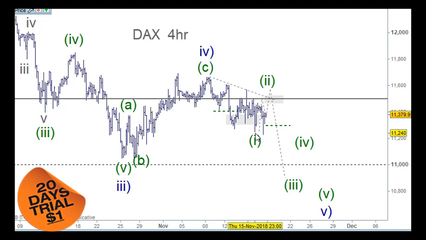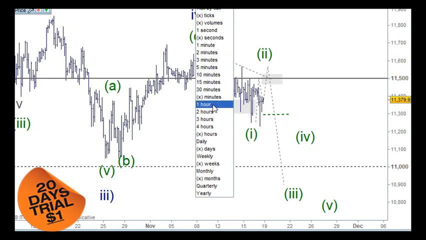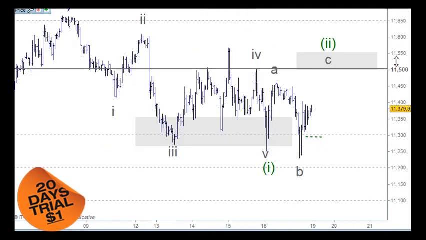So I think that we're on the right track here, but then from wave 1 here we've got an A wave, a B wave, and a C wave that will come back up to the 11,500 maybe. Let's just go to the 1-hour chart to have a look at that.